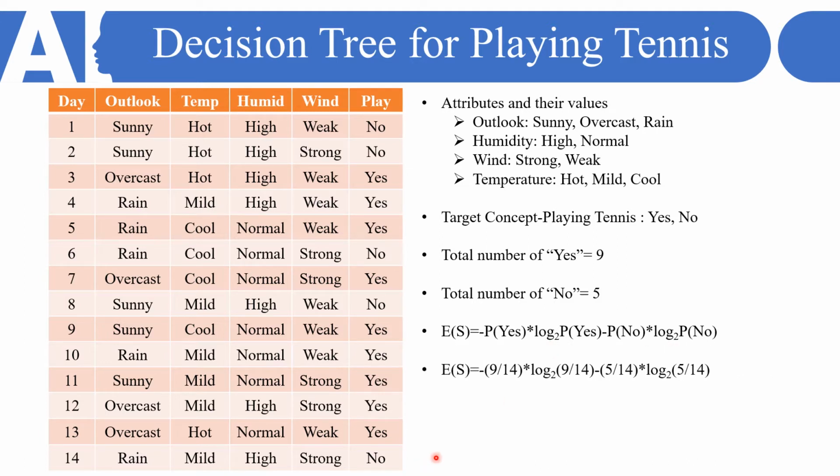So E of S is equal to minus 9 by 14, because the total number of yes is 9 out of 14, into log to the base 2 of 9 by 14, minus 5 by 14, since the total number of no is 5, into log 2 of 5 by 14. If we calculate all this, we get the value of E of S as 0.41 plus 0.53, that is equal to 0.94. So this is the total entropy for this particular table.